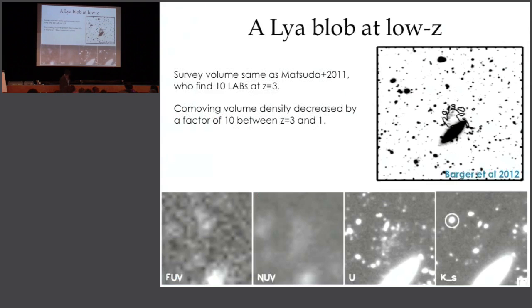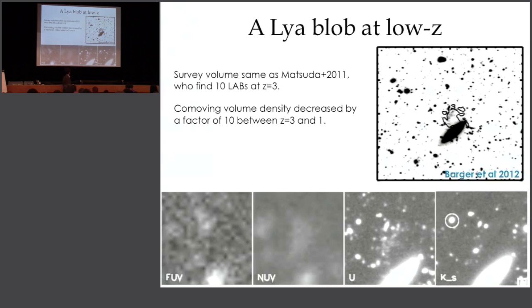Now, also with narrowband selection, or narrowband-like selection, you can do the first real surveys for extended Lyman-alpha emission at redshift, well, anywhere below redshift 2. This is the only known extended Lyman-alpha fuzz blob at redshift 1. It's extended over, I think, 80 kiloparsecs, so it's comparable in size to the high redshift sources.